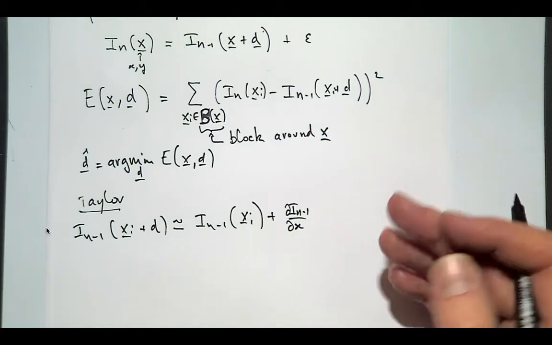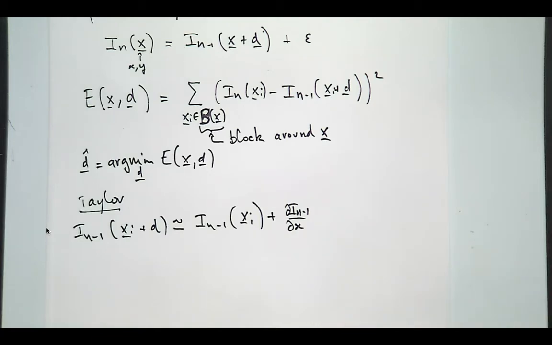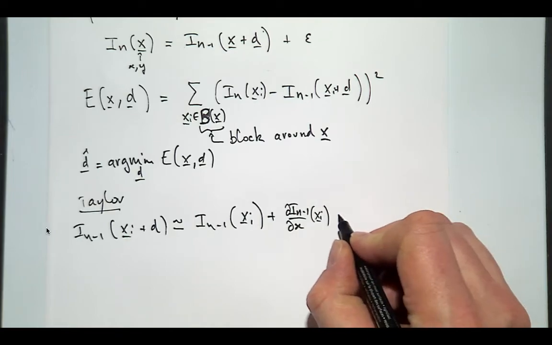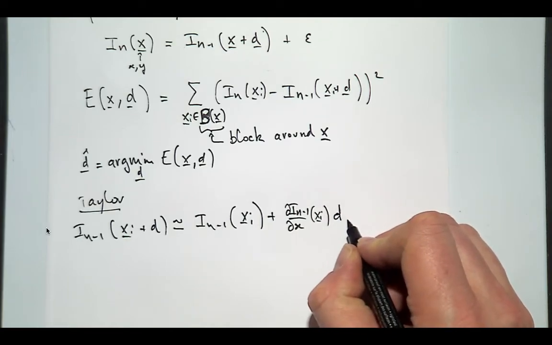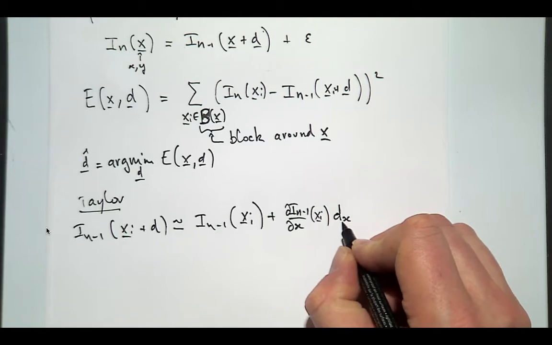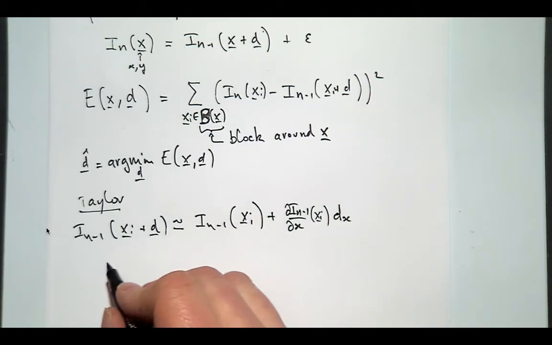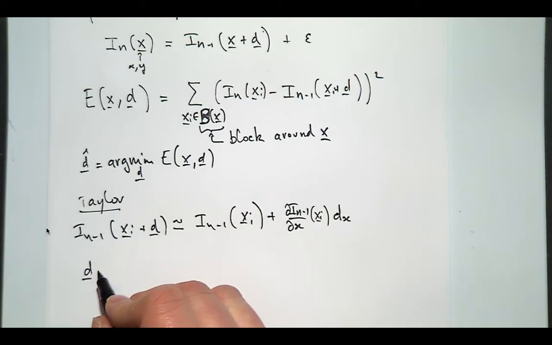So it's in 2D, and you have a gradient operation, and I'm going to index that by dx.